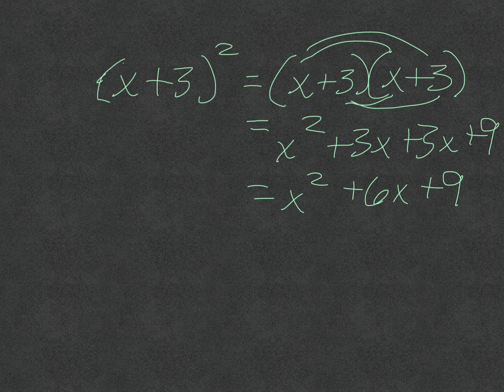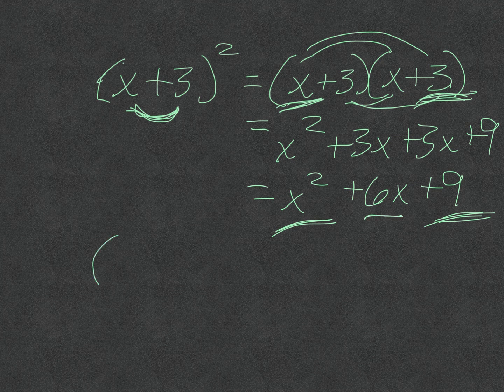And so what I notice here when I see something like this is I can see a pattern. I see that the first term gets squared. I see that the last term, the 3, also gets squared. But what I also see is that we have to multiply the two things together and then double it to get the middle term.